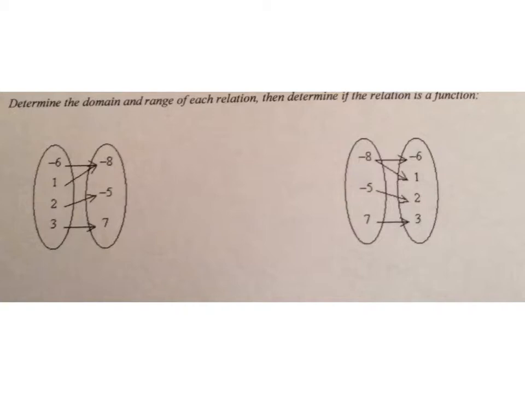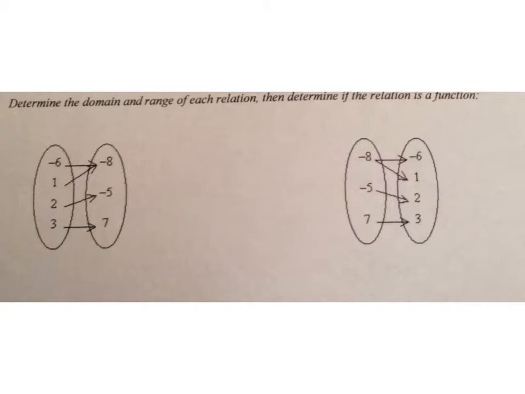It says that when you have a mapping, the way that you tell if it's a function is that each element in the domain cannot have more than one arrow extending from it. So let's first list the domain and range of these relations. Then we'll use the information in the chart to determine whether it's a function. If you hear papers rattling, that's just me pulling out my chart so I can refer to it as well.